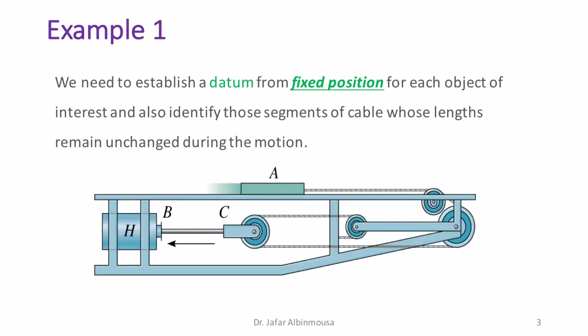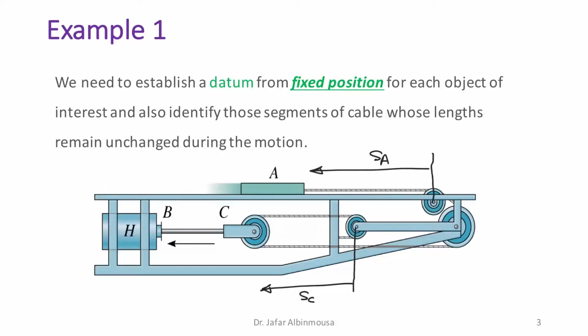For example, we can say that this point is fixed, and we can call this SA. So this is the datum that is going to measure the length SA. And from here, this is also fixed. We can shoot an arrow toward C, and we call this SC.